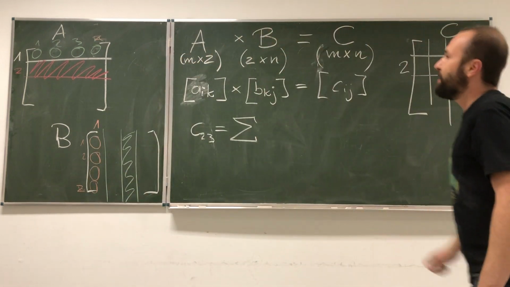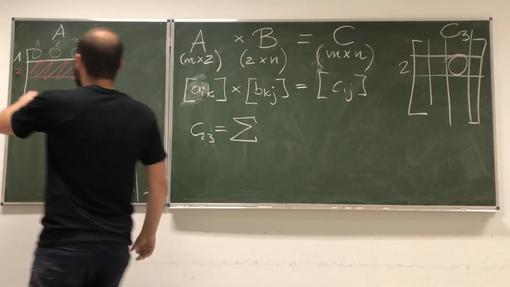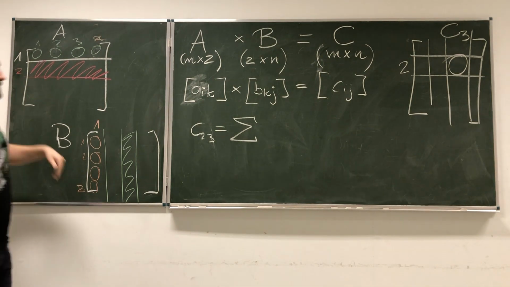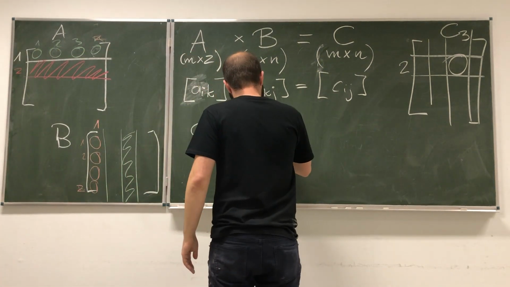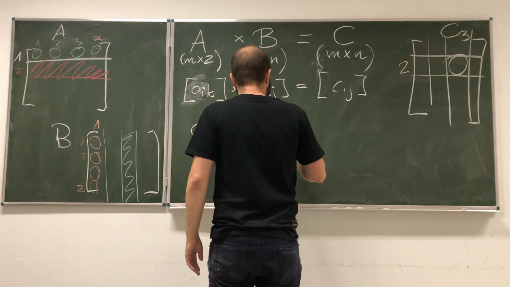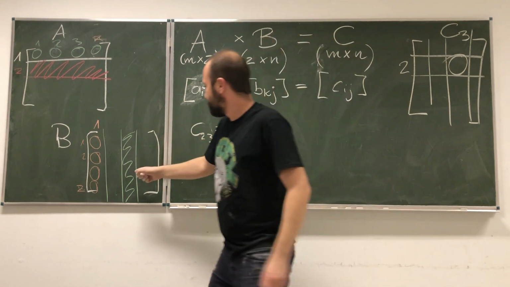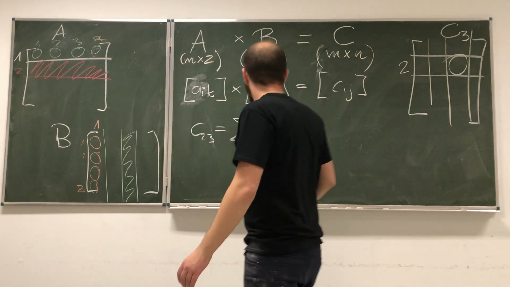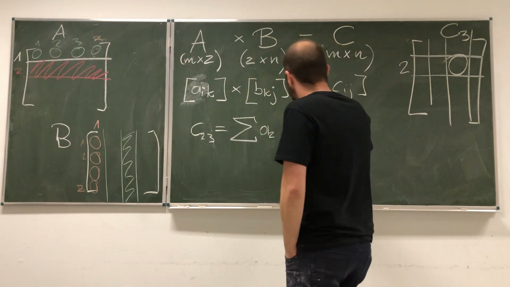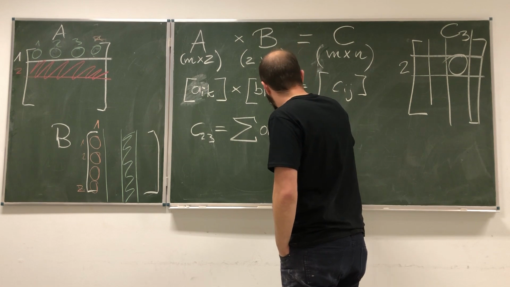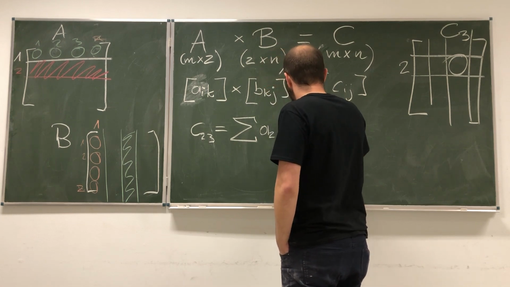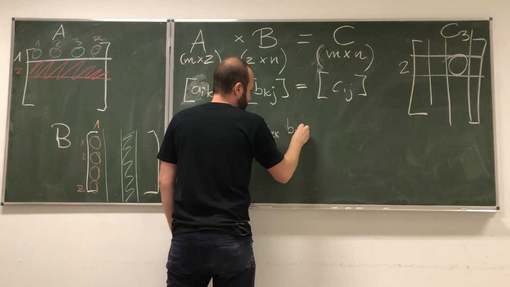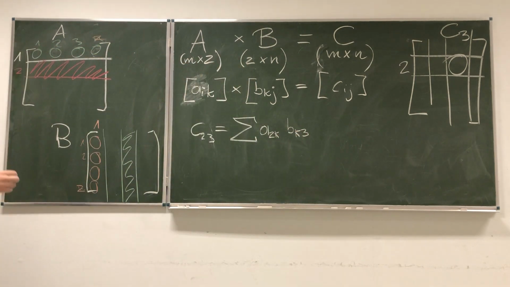So when I'm over here, I'm using elements from matrix A from the second row, and from this matrix, from the third column, right? So I get A2k and Bk3. And now, how do I move?